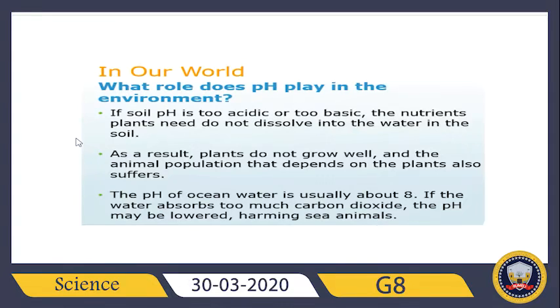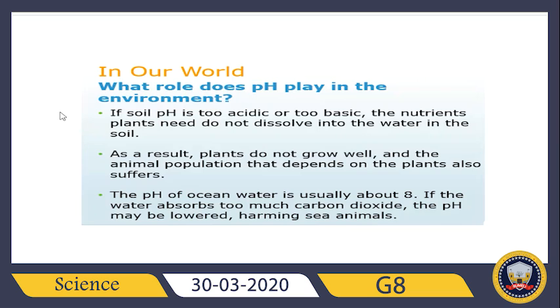And guys, we'll see that actually pH is going to affect everything around us. It's going to affect the soil, and then it will affect the plants and animals as well. It has effects on what? Also on the water in oceans and in rivers and so on.